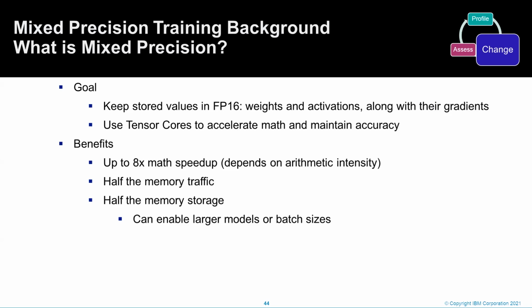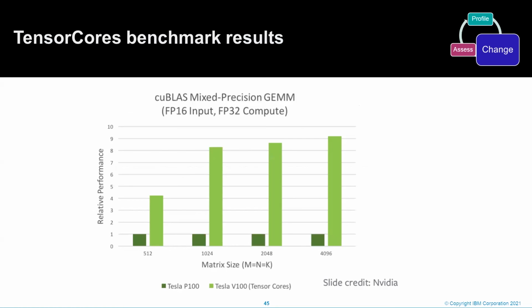So you reduce the memory storage as well as the memory traffic. So then you can imagine increasing the batch size, or eventually increasing your model and so on. So here are some benchmark results provided by NVIDIA, where you actually see pretty impressive numbers compared to P100.